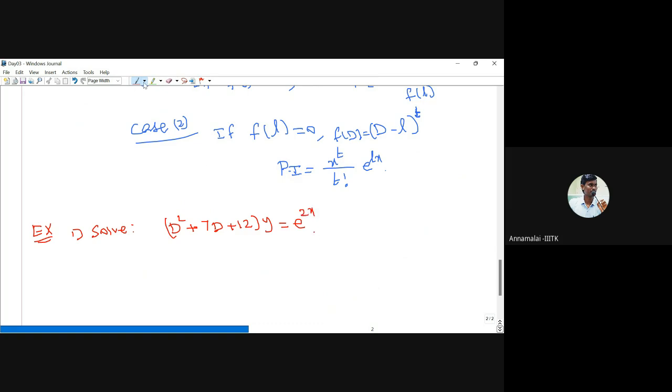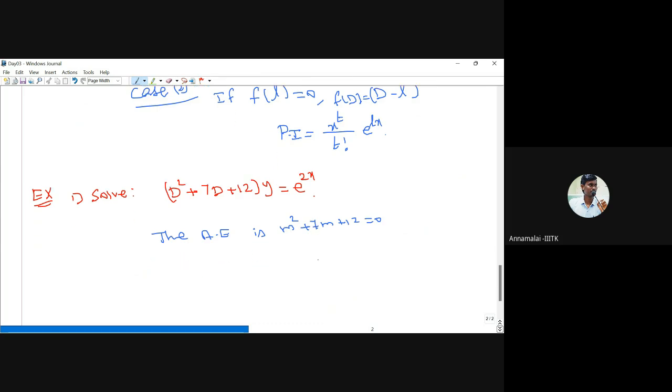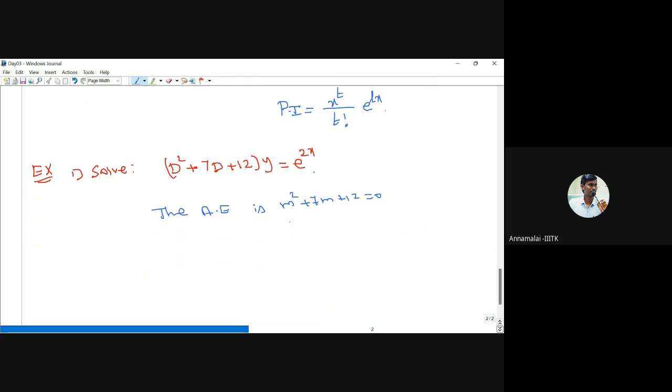First you have to find the complementary function. For that, the auxiliary equation is m square plus 7m plus 12 equal to 0. If you solve this, 3 and 4 are the roots, so m plus 3 into m plus 4 equal to 0.